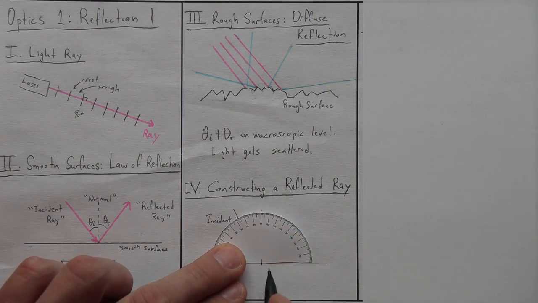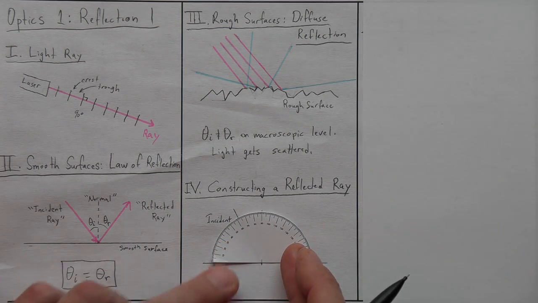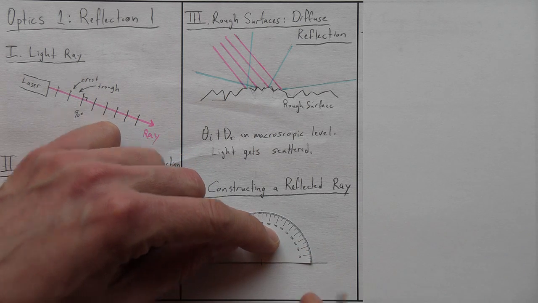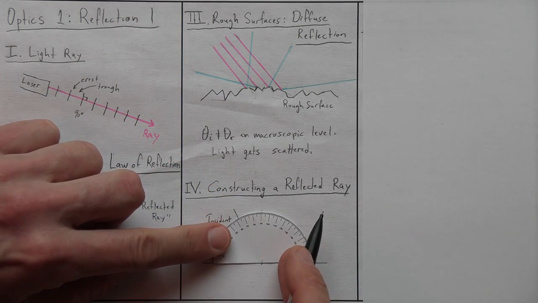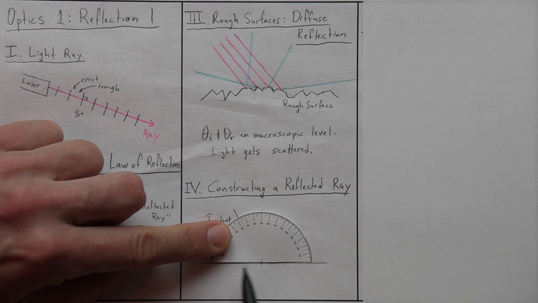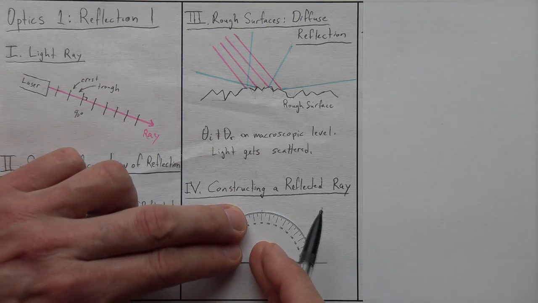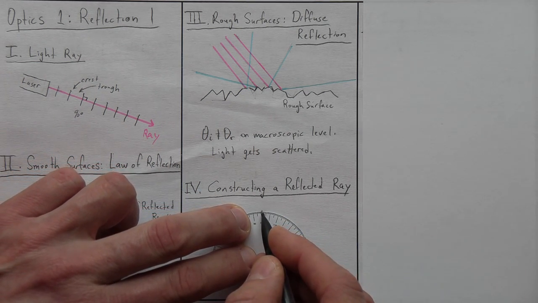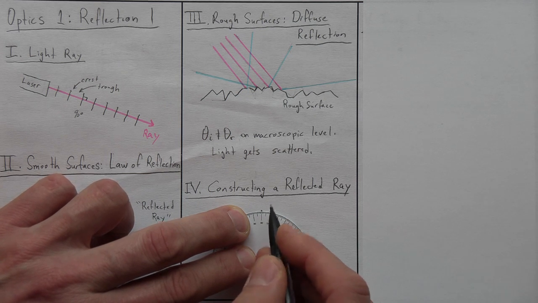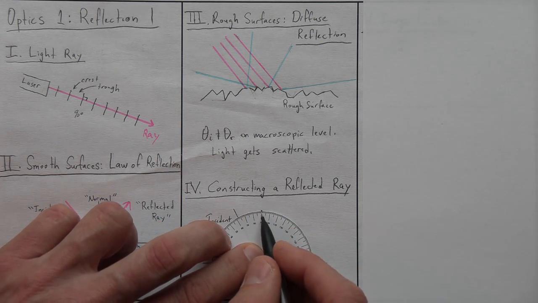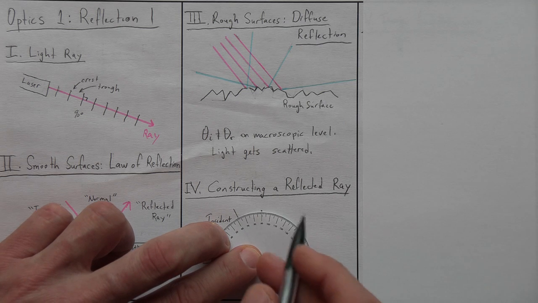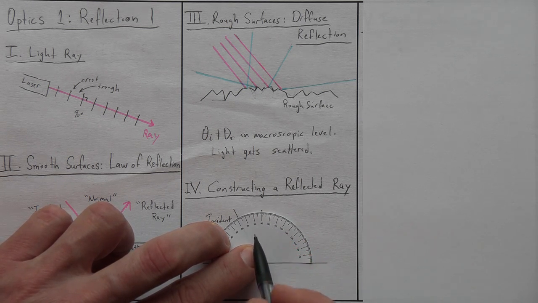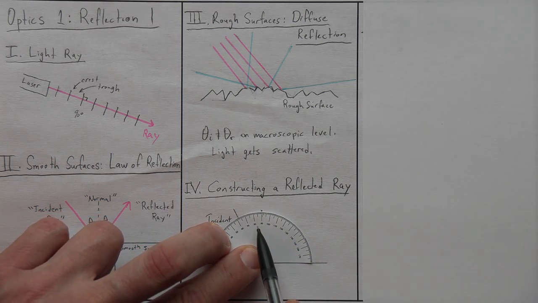So it hit there, so I put the bottom of the protractor here, and then I align the bottom of the protractor with the surface. So you see here lined up. And then what I do is I put a little dot for the normal, and I'll construct the normal later. And then I count, protractor move, I count how many degrees over. Now I say this all the time. You should ignore the numbers on the protractor.